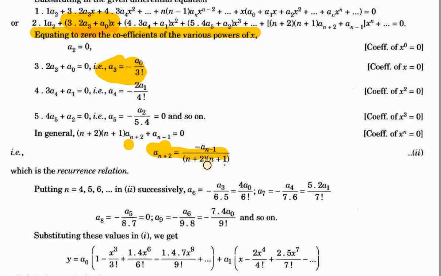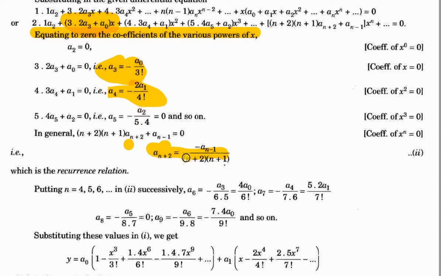So this 4 into 3 you can see here clearly, that is 4 into 3, okay, a1 is there. Now you can see here a4 is equal to minus 2a0, because it is 4 into 3. If you have 2 in the denominator, it will become 4 factorial, so 2 is written in the numerator, so it is this one. So a4 is matching with this expression.